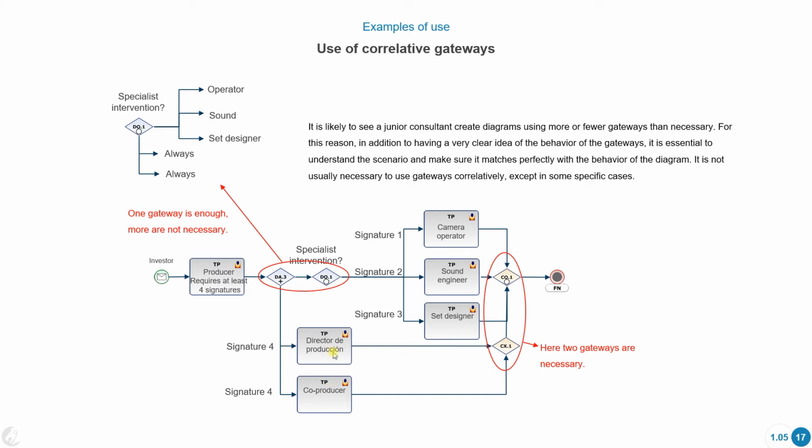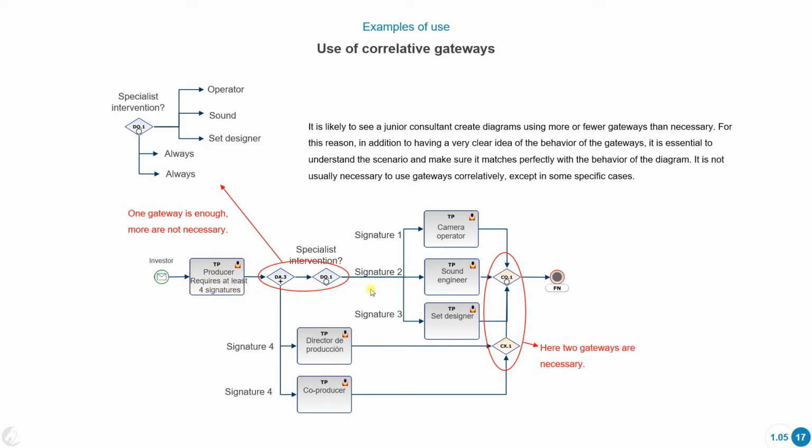Okay, so in the process, we need the signature of at least one of these 2. Okay, as soon as one of them signs, we can actually forget about the other signature. We only need one of them. But we do additionally need the camera operator because that's something that was requested or indicated here in this task.